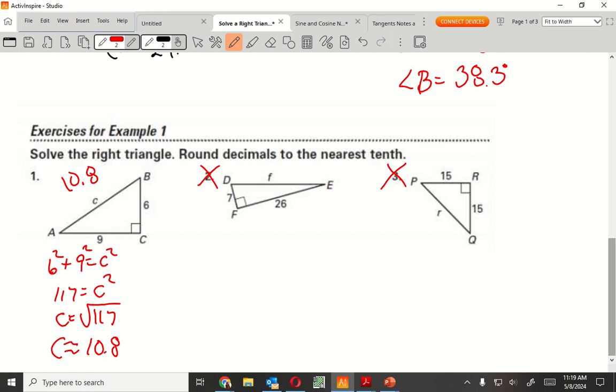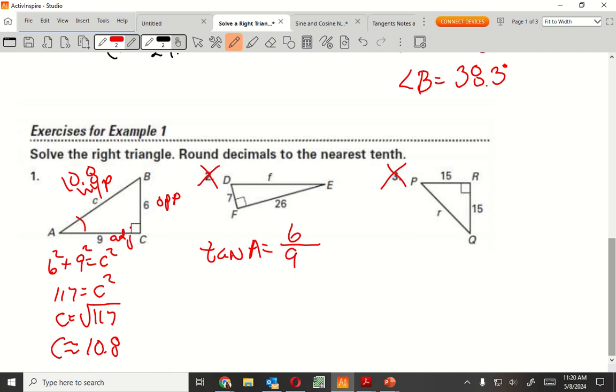Now we're going to go ahead and find the angle. From this angle right here, the one I have, this is opposite. This one down here is adjacent. And then hypotenuse. So opposite over adjacent, that's going to be tangent of A is opposite, which is 6, over adjacent, which is 9. Now that I have it set up, I could do the inverse.